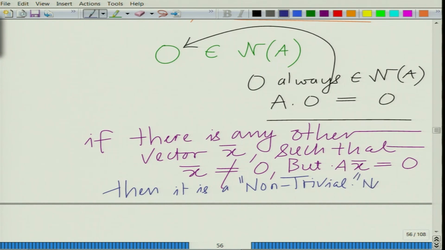Non-trivial means non-obvious, because 0 belongs to the null space of any matrix. If you have only 0, then it is simply known as the trivial null space. If there is even a single vector in the null space other than the 0 vector, then it is known as a non-trivial null space.